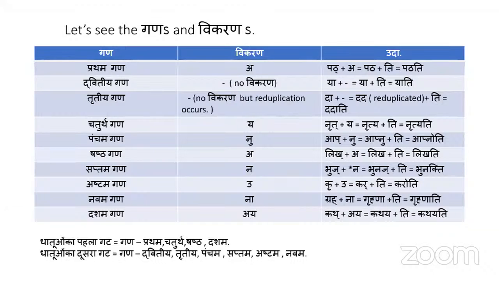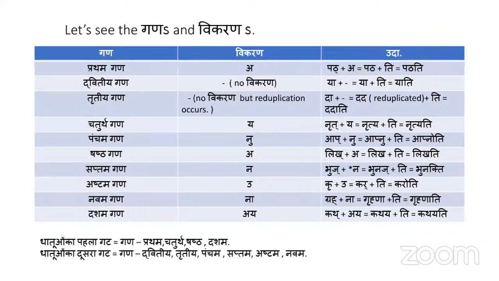See, in bhuj, j halanta is the last letter, right? So this na is added before that j and not after. That's why I have made here a star. So the anga becomes bhunaj plus ti ending. After adding ti ending, it becomes bhunakti. See, this form is slightly different. You have to remember this form, bhunakti.